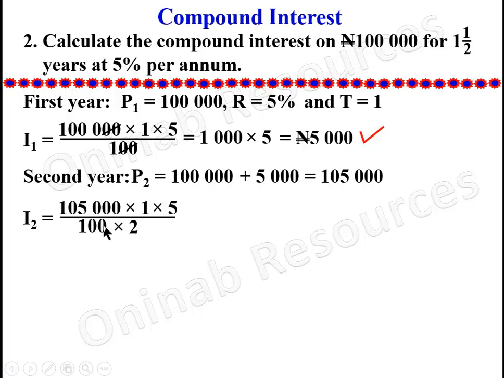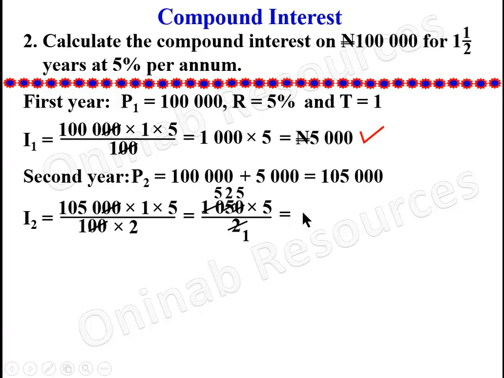So now 2 zeros cancel 2 zeros here. I'm left with 1,050 times 5 divided by 2. So I go here, 2 here, 1. 2 into 10 is 5. So 2 into 5 gives 2, remainder 1. Place the 1 here, making 10. 2 into 10 gives 5.